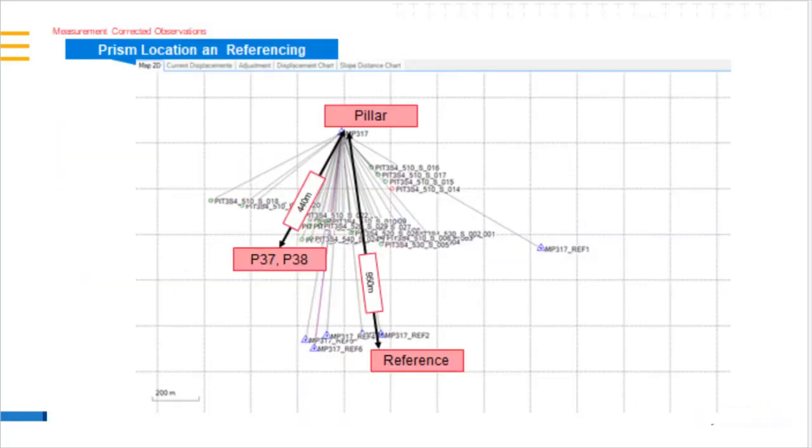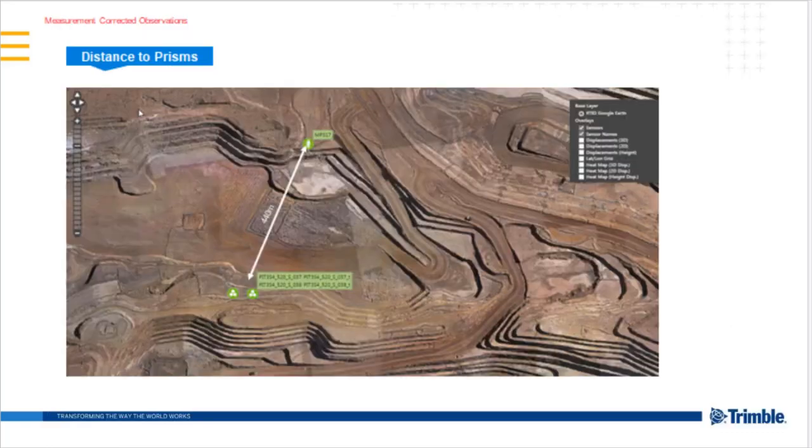Here you can see their setup. They have a stable total station in their own hut, the monitoring points with distances of around 450 meters, and the reference targets with distances of around 950 meters. And here another photo of the site.